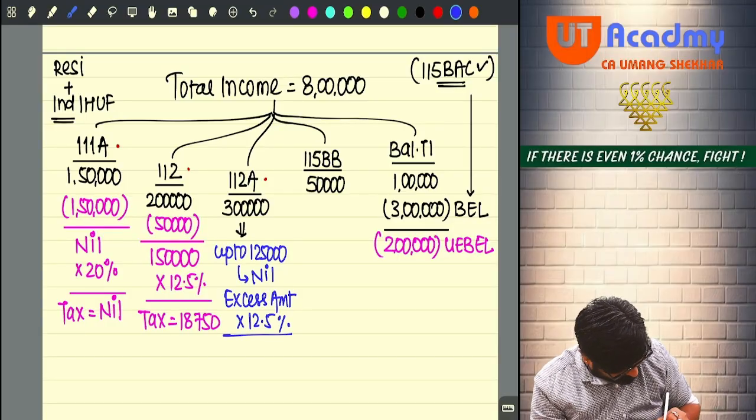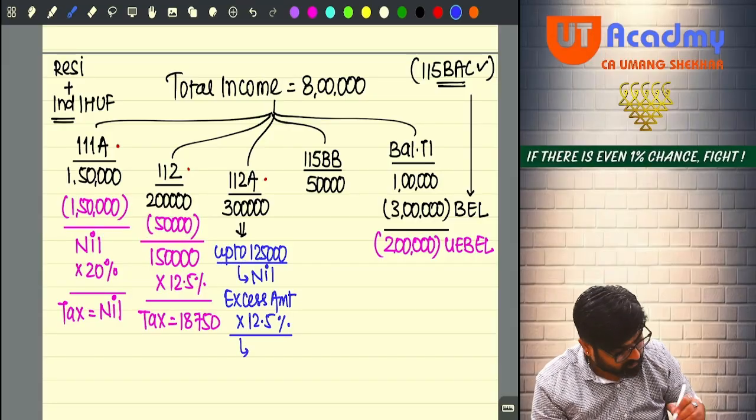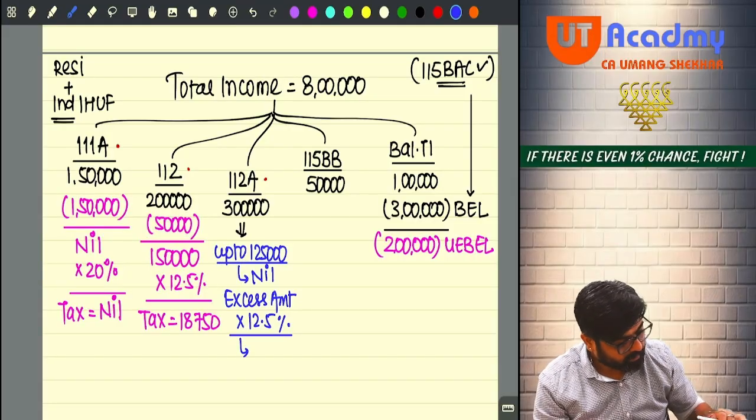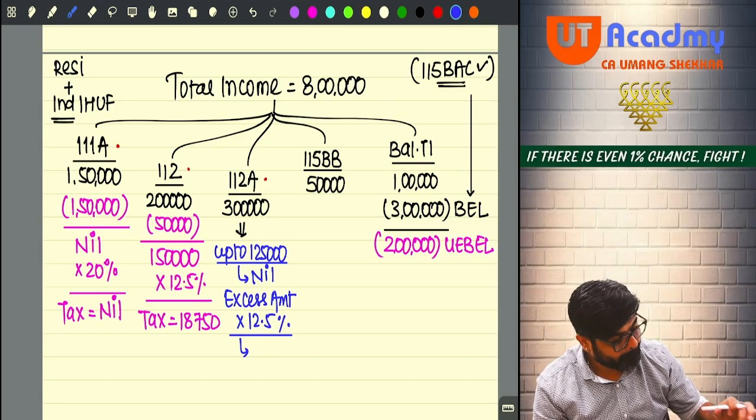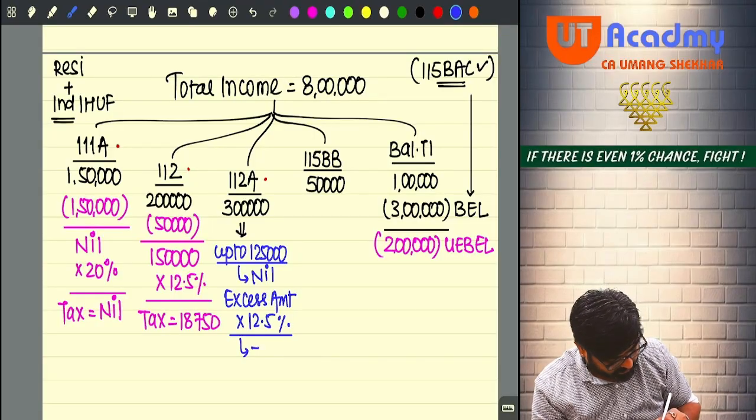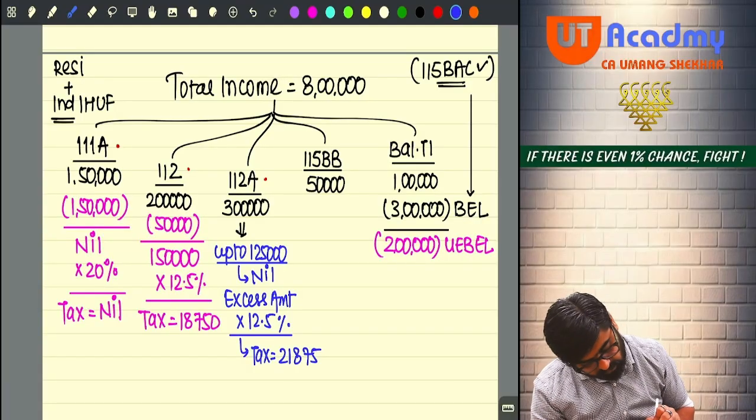So how much will be 12.5% of 1,75,000? It will be 21,875. Yes or no?